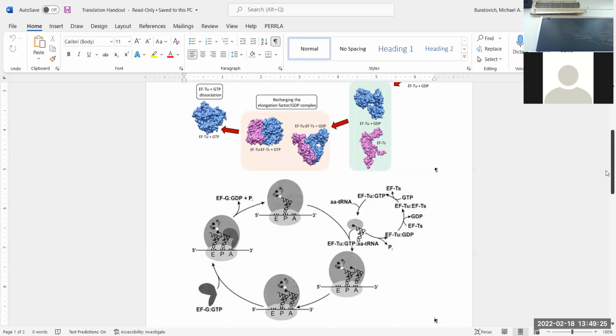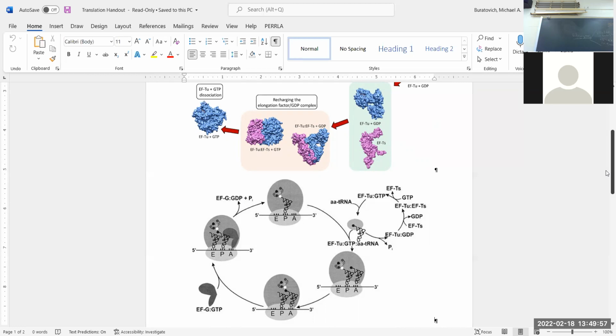So when the GTP hydrolyzes and EFTU dissociates, that would be in the second step on the bottom one, right there. Yeah, the charged tRNA bound to EFTU, bound to the GTP, is brought to the ribosome. You hydrolyze your GTP and EFTU leaves, and it's bound by EFTS.